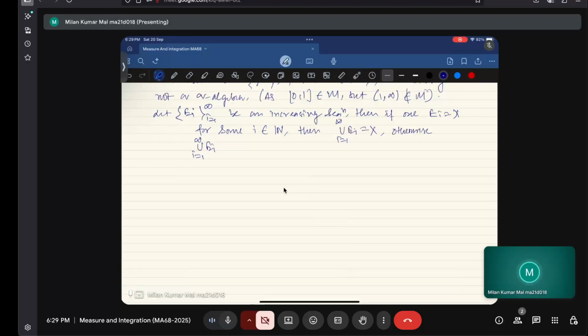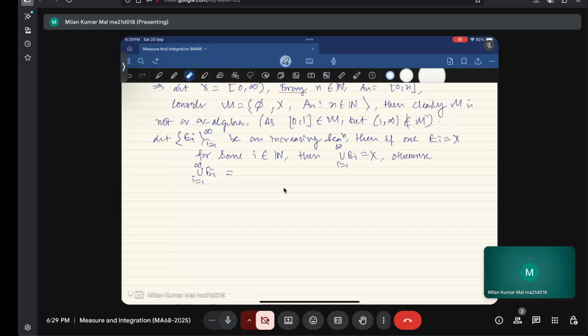Acha. So now let us look at this. What is E_i? E_i are the elements in an increasing sequence here. An important fact is that I must write that down, because without that it is not correct.